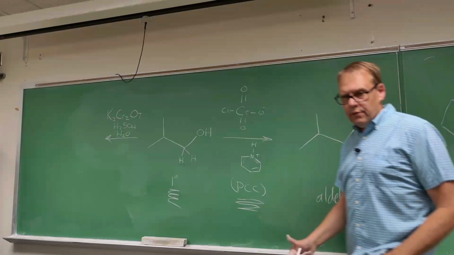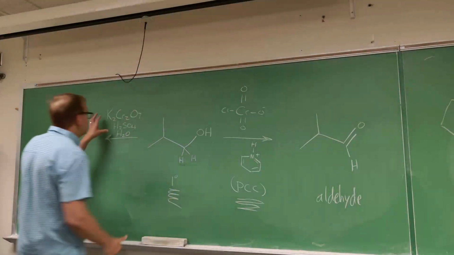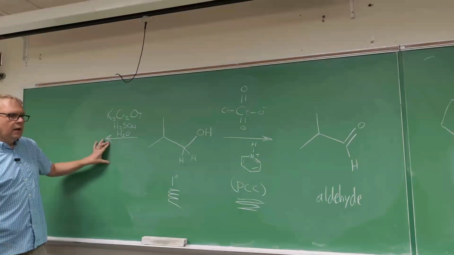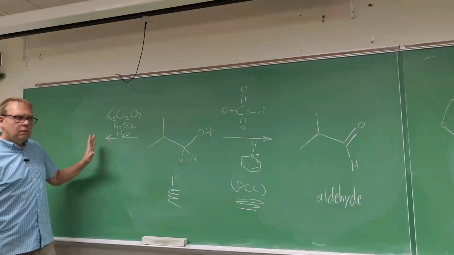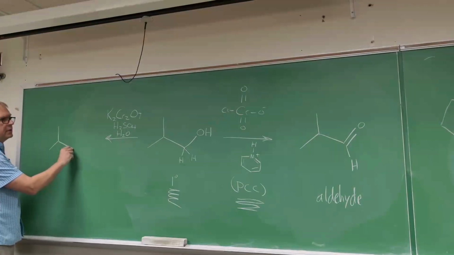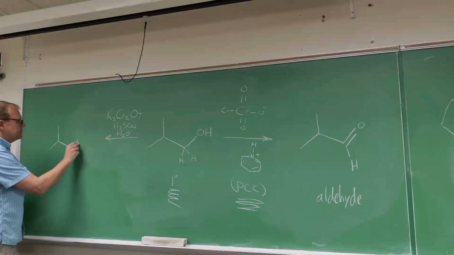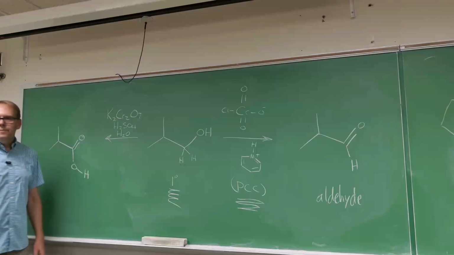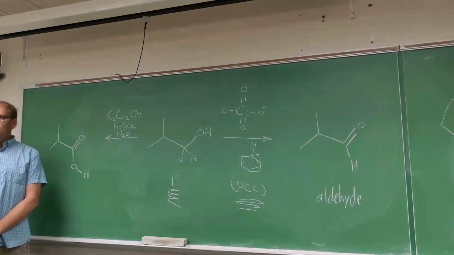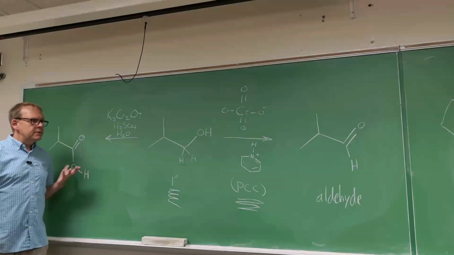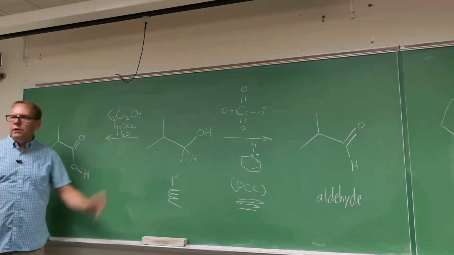Then if you use the other chromium-6 reagents, potassium dichromate or CrO3, they'll both give you the product that's been oxidized twice. So the one that's got a carboxylic acid. So that's different chromium-6 reagents working on a primary alcohol.